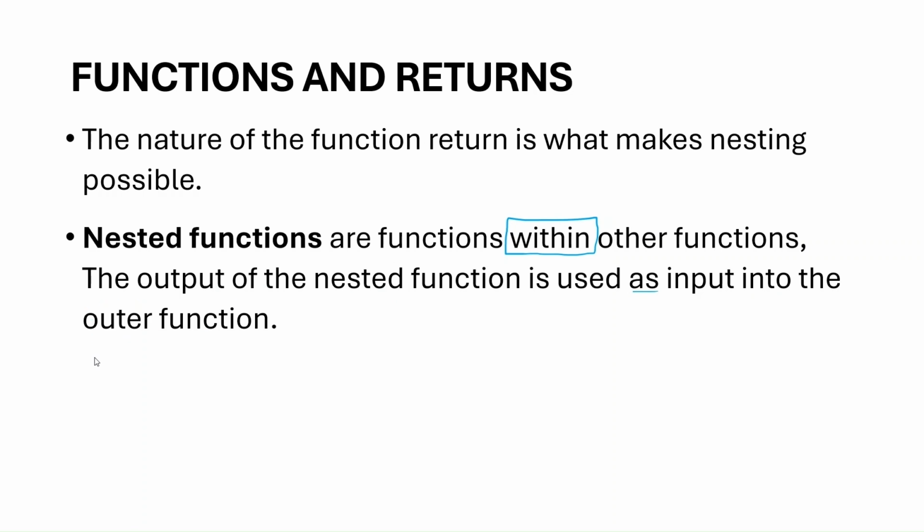The logic here is the nested function will run to completion first and give its return, and then that return will be used as input when the outer function runs. So the nested function runs first, then the outer function runs to completion.